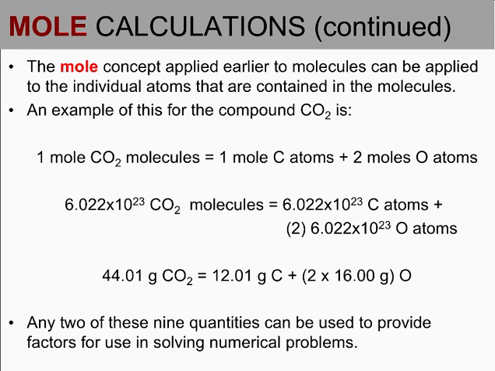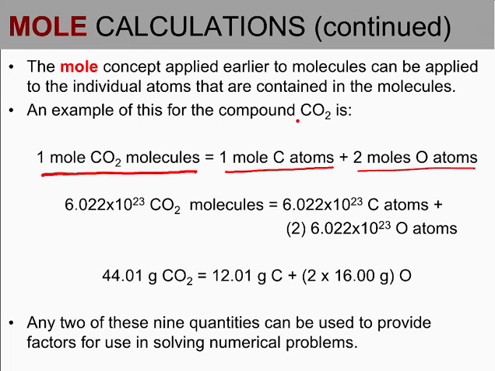So we just applied the mole concept to molecules, but we can also apply this concept to the individual atoms that are contained in the molecules. So an example for this, using the compound carbon dioxide, if we have 1 mole of carbon dioxide molecules, that means that we have 1 mole of carbon atoms and 2 moles of oxygen atoms.